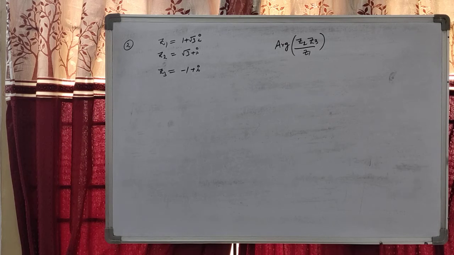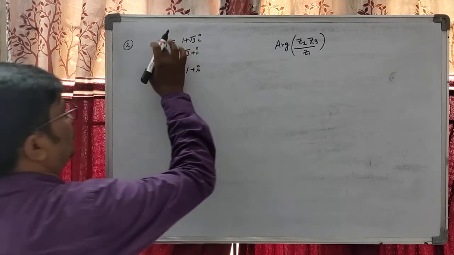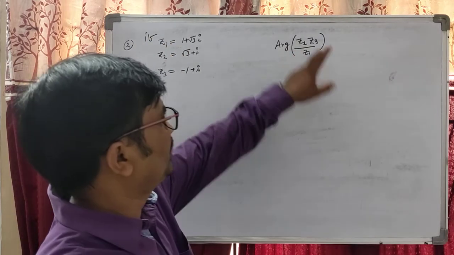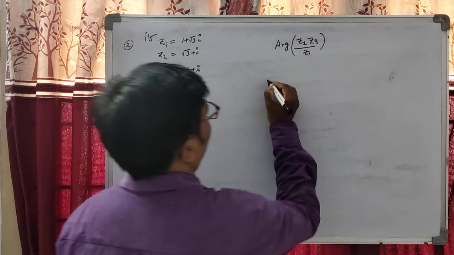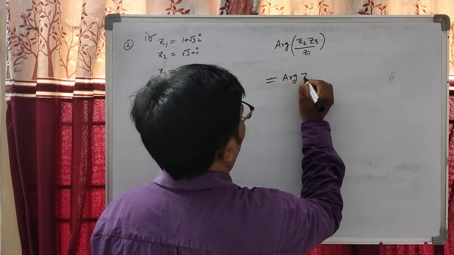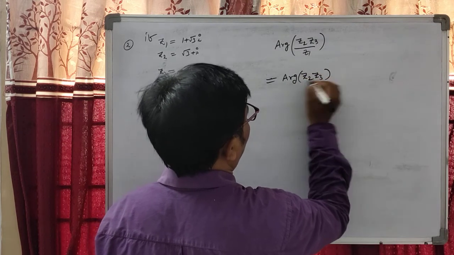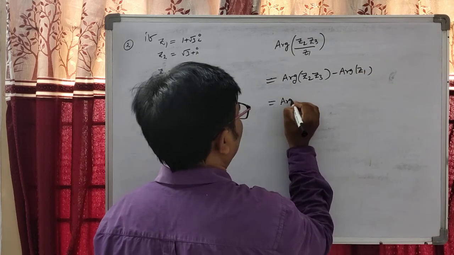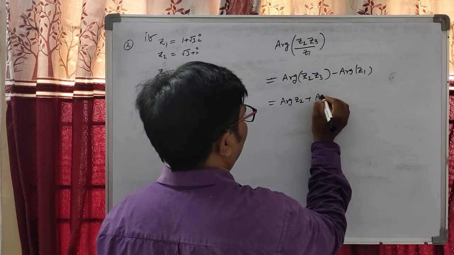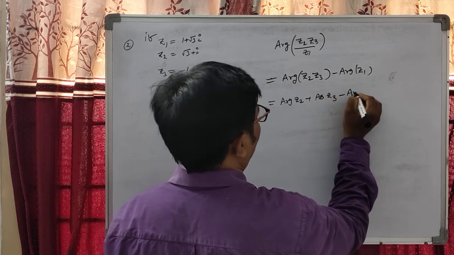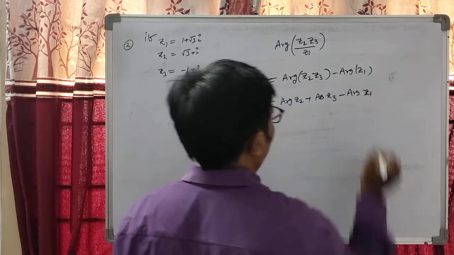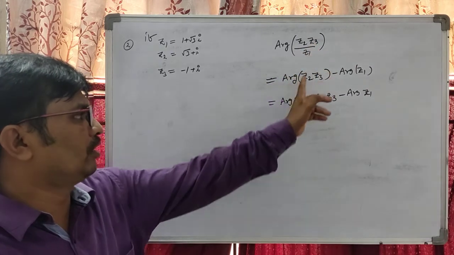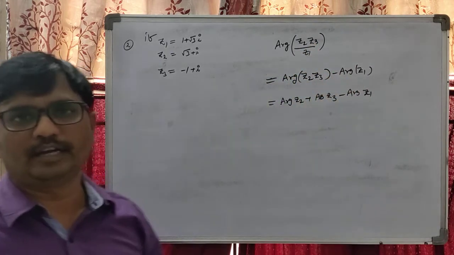So students, first Z1, Z2, Z3 are given. Then find the argument of Z2 Z3 by Z1. The argument of Z2 Z3 by Z1 is argument of Z2 Z3 minus argument of Z1.